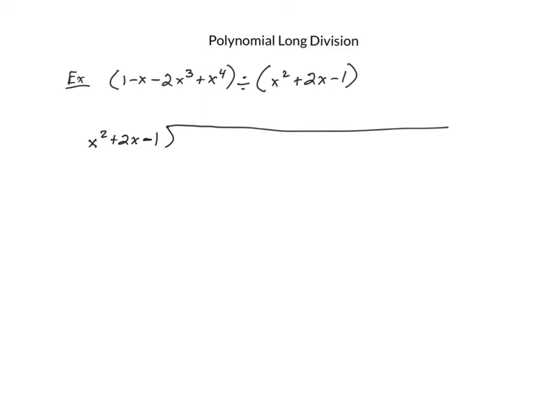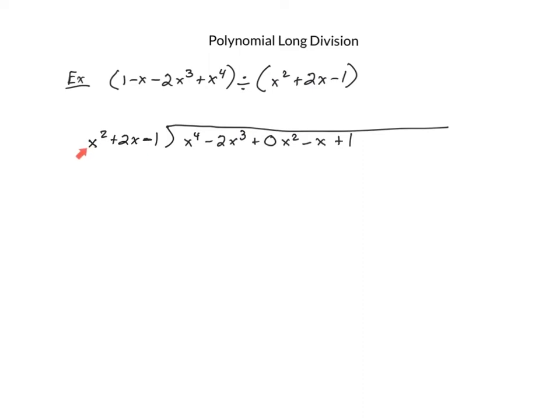So I have x to the fourth minus 2x cubed. Notice there is no x squared term, so I need to put in a plus 0x squared. And then I have a minus x and a plus 1. But even though we don't have a binomial here, we have a trinomial. Our process is still the same.